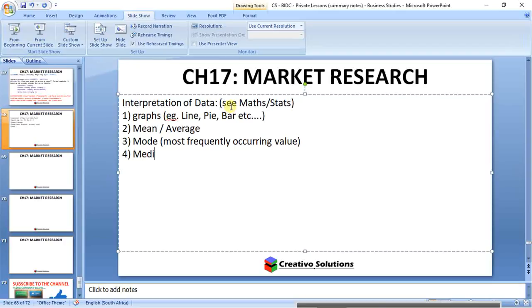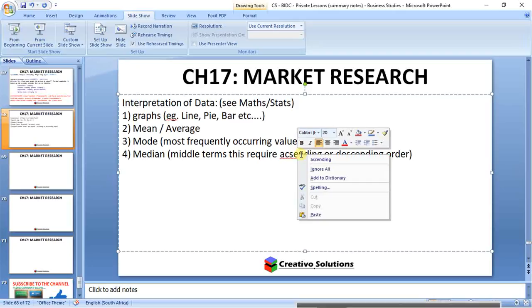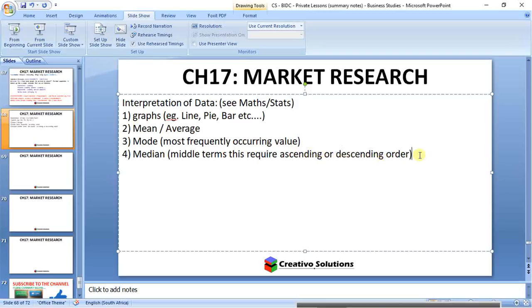Do you remember what that is? The middle. 100%. Middle term. This requires ascending or descending order. So you have to order the data. That's important in order to find the median.